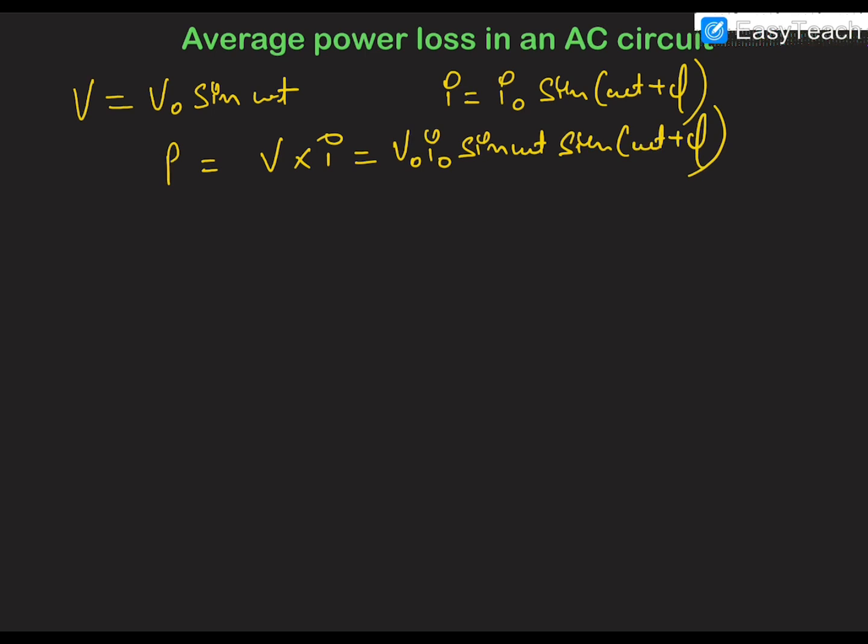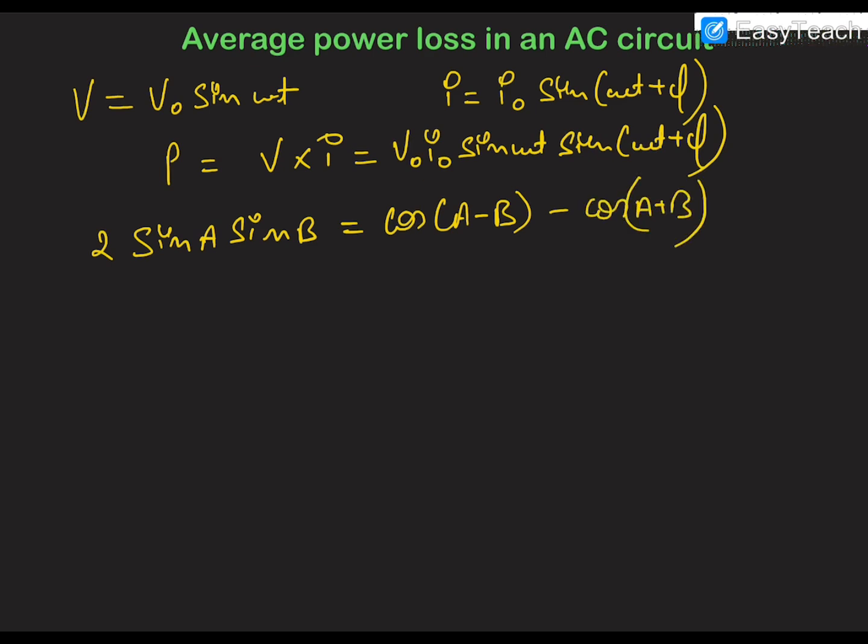Now we can say that 2 sine A sine B can be written as cos A minus B minus cos A plus B. So we can write down the power as V naught I naught upon 2 times cos A minus B, which is cos phi, actually cos minus phi is also cos phi, and cos A plus B is cos 2 omega t plus phi, with a minus sign.